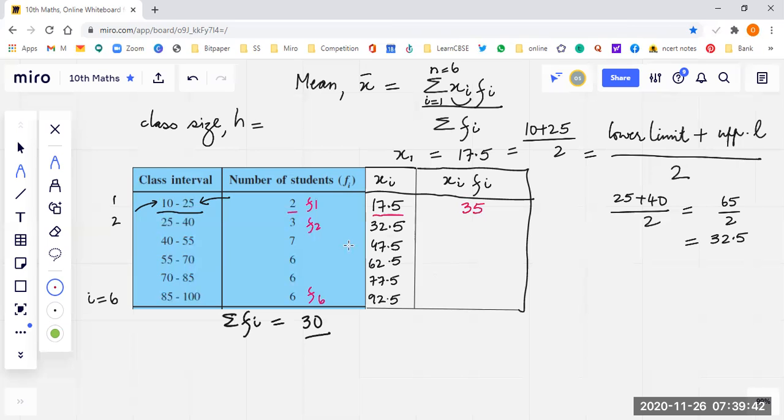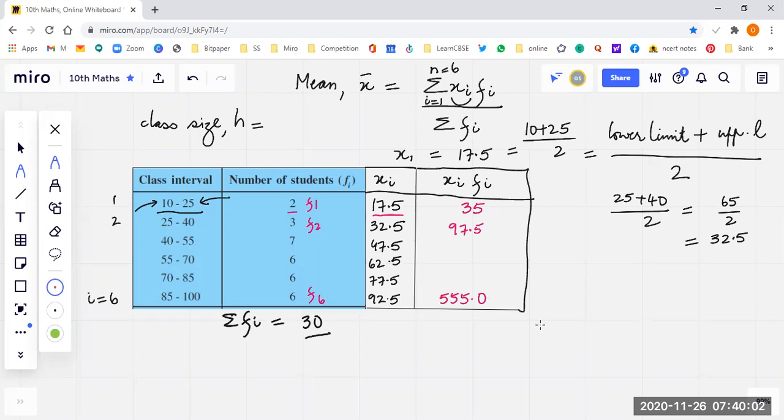So I'll simply copy this from the textbook. It is 97.5, then 332.5, and then we have, just do it. In the last, it will be 555.0. I'm simply adding a 0, precision to one digit. Okay.